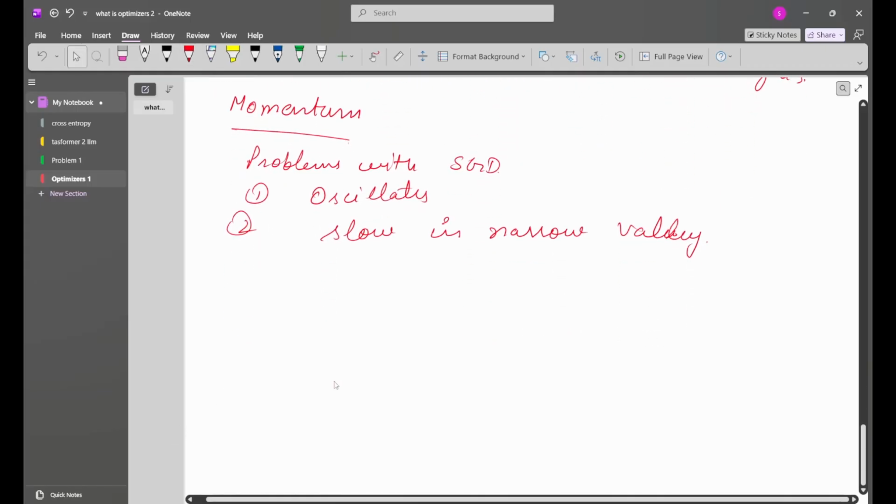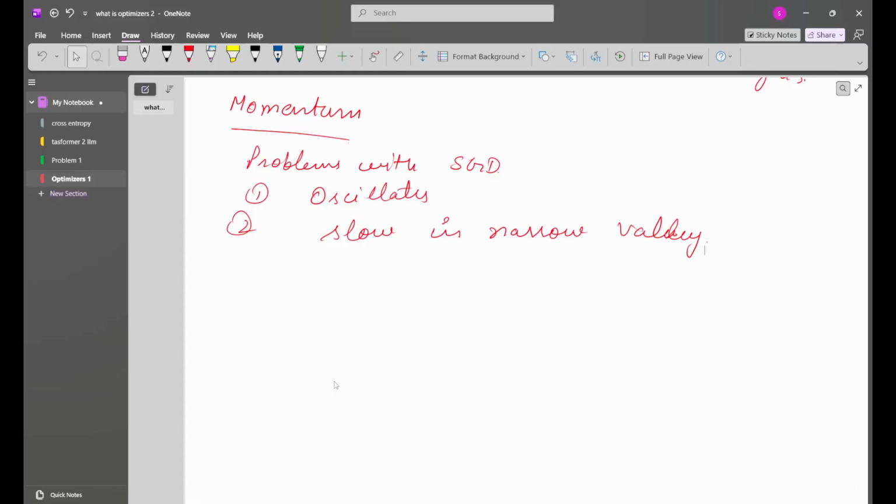Because of the computation of gradient in every iteration in SGD, there is a new direction, and that is why our updates oscillate. There was some noise in our learning. So momentum says, why don't we remember the past gradient directions?